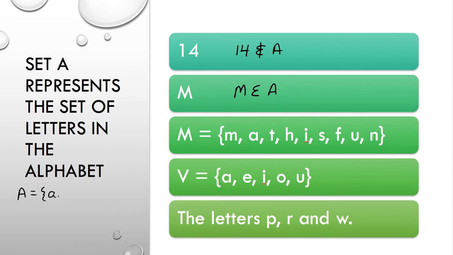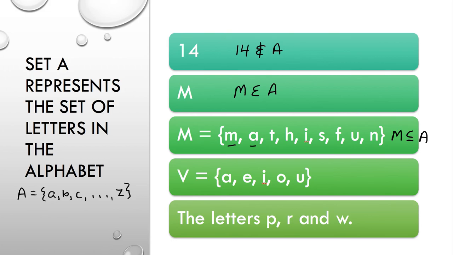So it contains A, and it contains B, and it contains C, and it contains everything until we get to Z. So does it contain M? Yes. Does it contain A? Yes. Does it contain all of these letters in M? And because it does, then we can say that M is a subset of set A.